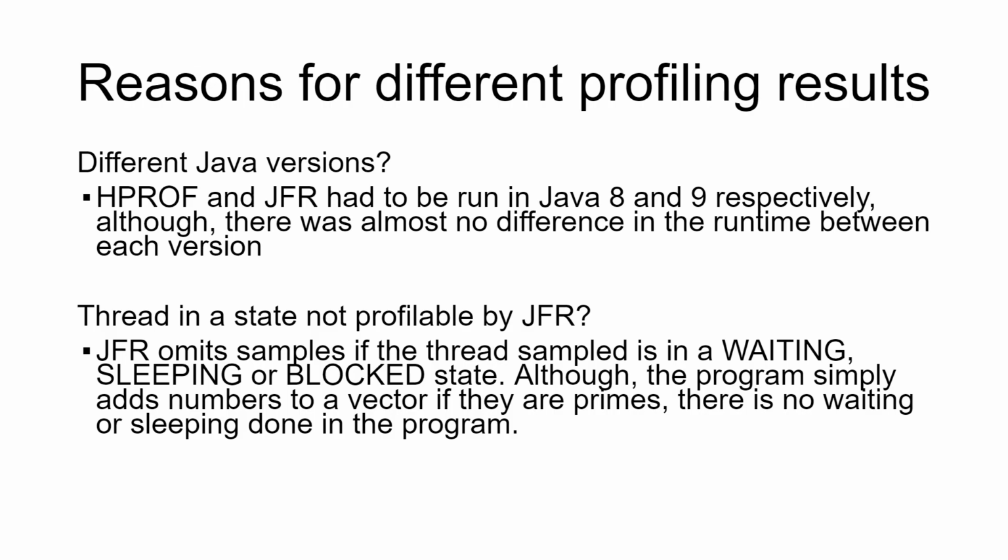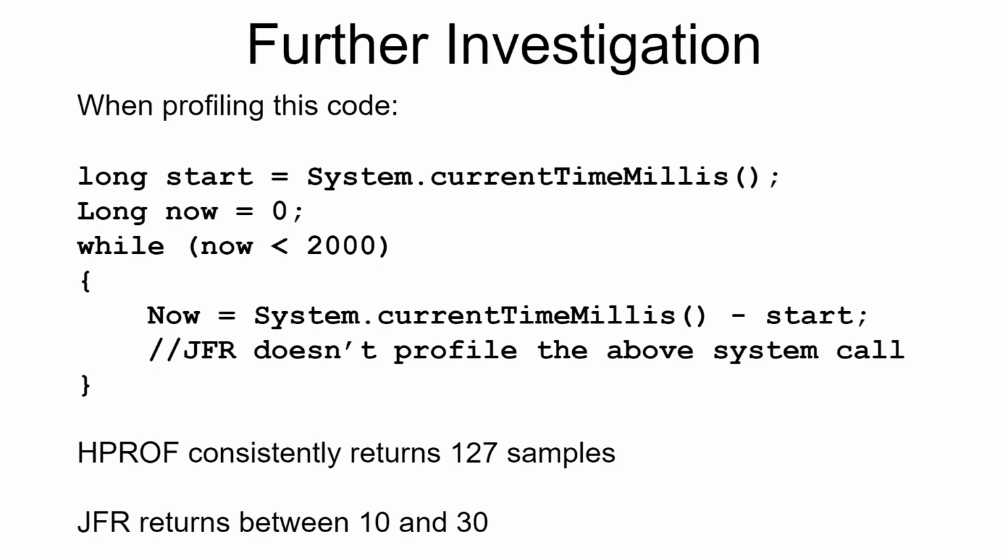I guess the final thing, and something I realized in this next piece of investigation: we look at this code, and we know that this code is going to run for 2,000 milliseconds. We're running this while loop until 2,000 milliseconds hits. HProf consistently returns 127 samples, whereas JFR returns between 10 and 30.